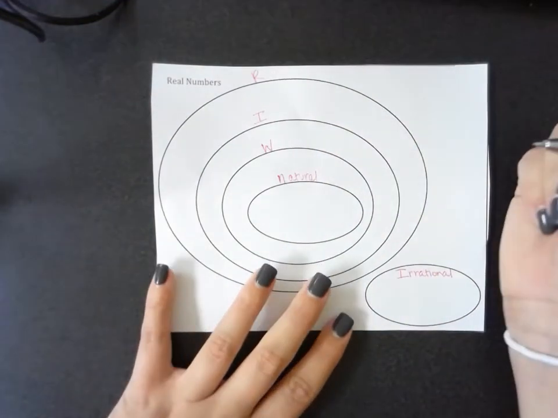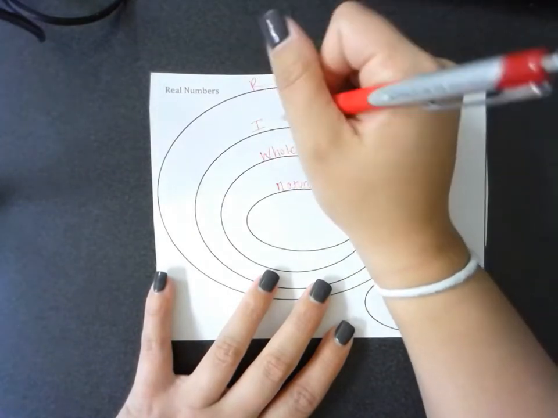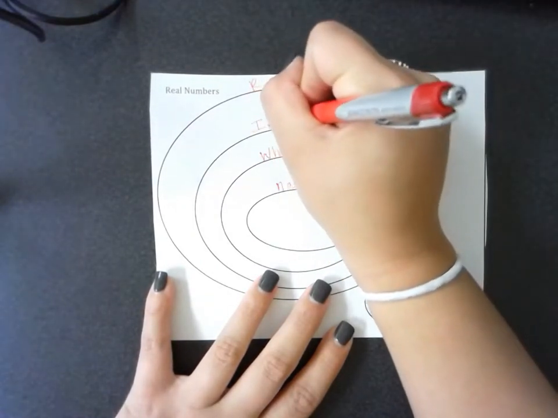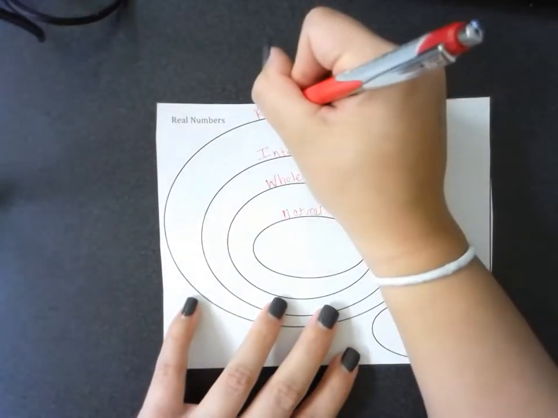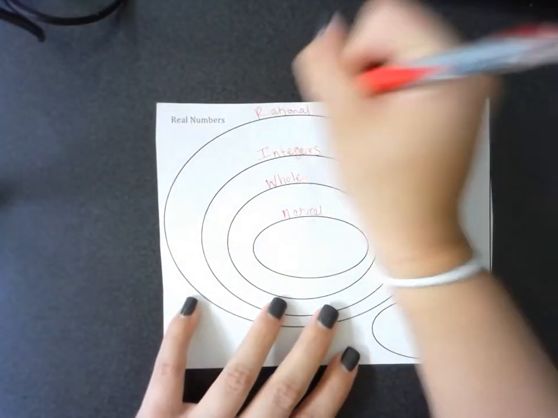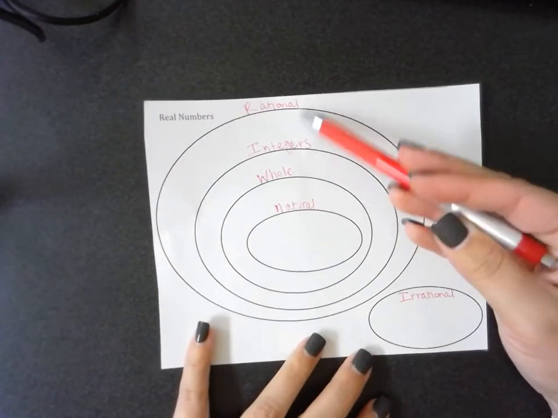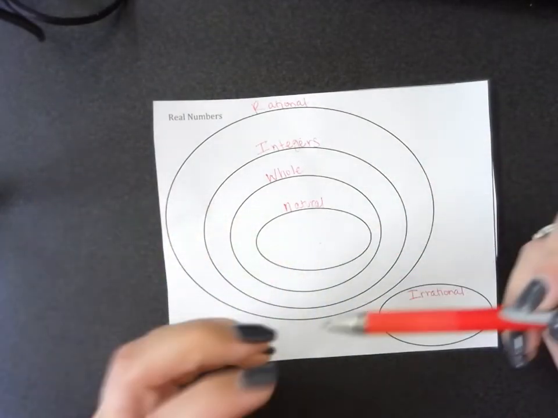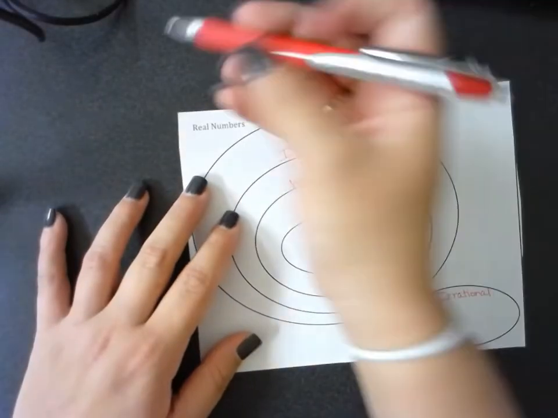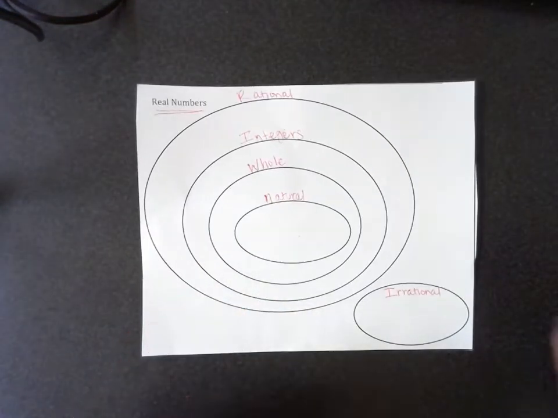W is whole numbers. I, integers. R for rational. And then I for irrational, I for ink. Never write in red ink, okay? Always from the smallest to the biggest, always from the inside out. And all of these things are real numbers, okay? All of these things are real numbers.